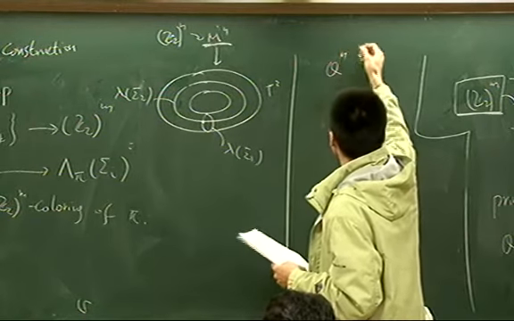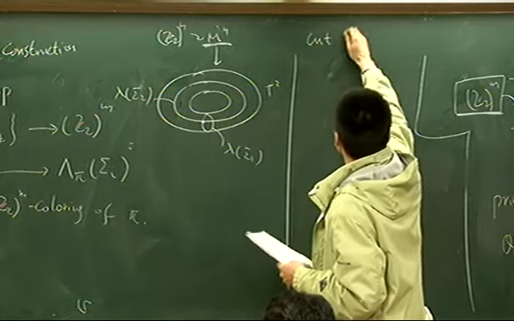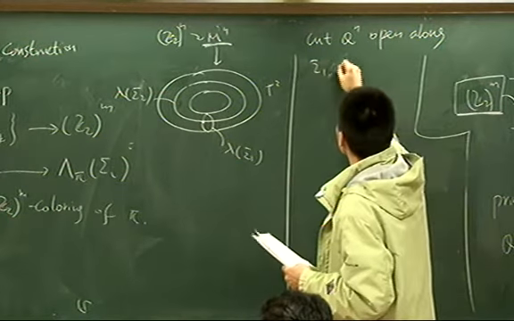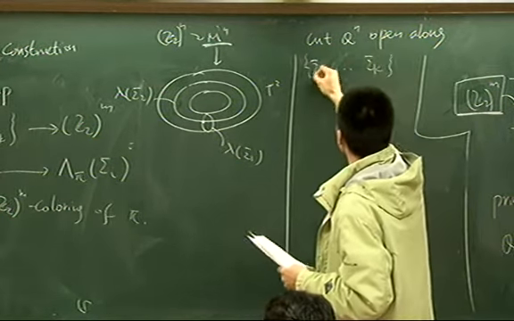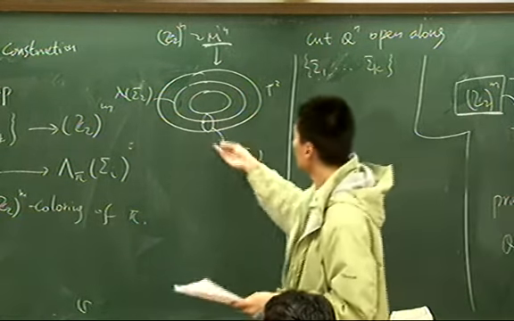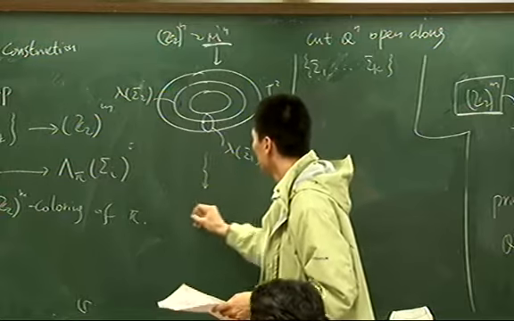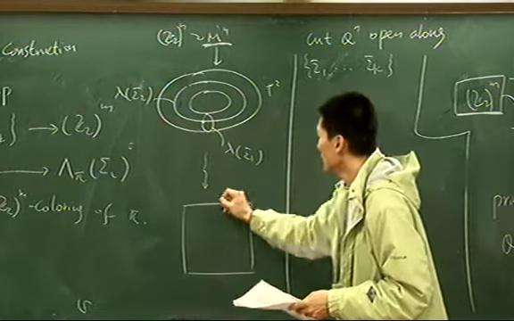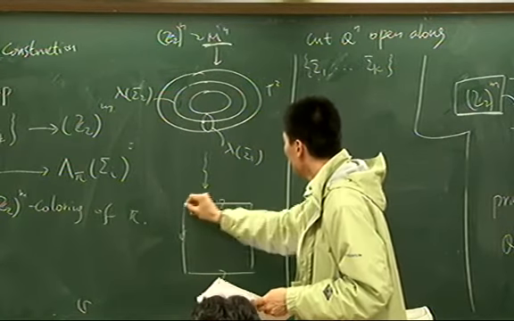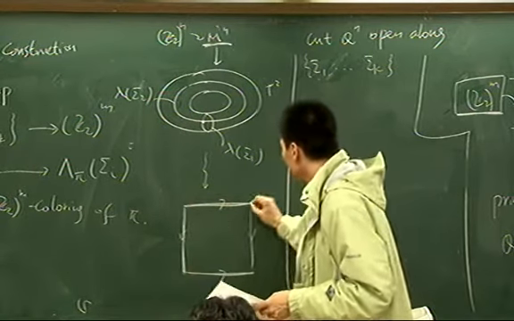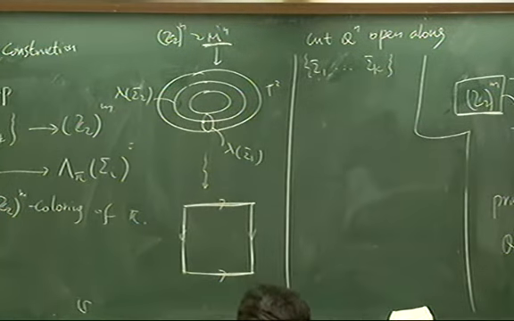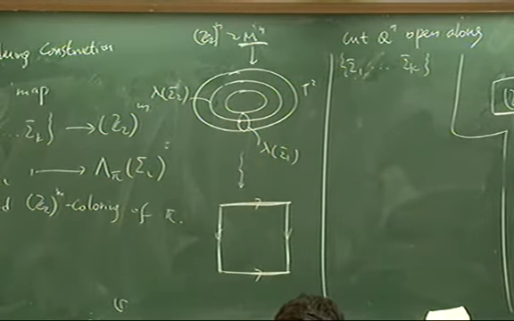So next we cut Qn open along sigma 1 to sigma k. In this example, if I cut it open, I get a square. Then we automatically have a nice manifold with corners, because I can assume these embedded submanifolds intersect transversely in Qn.